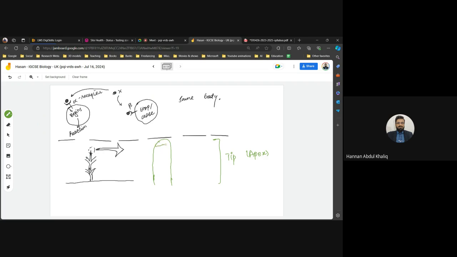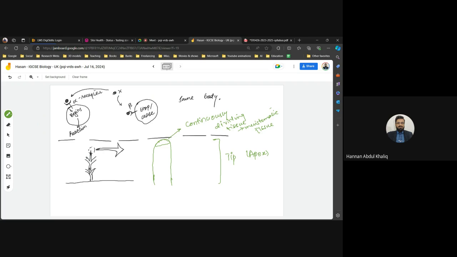And in the very initial portion, there is a continuously dividing tissue in the plant. This tissue is called meristematic tissue.